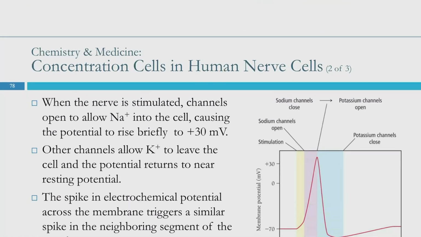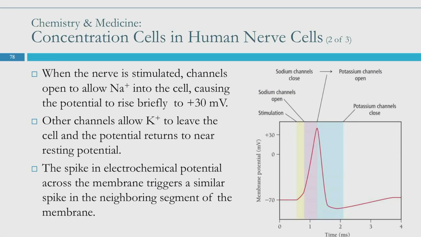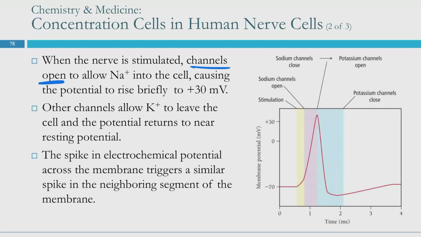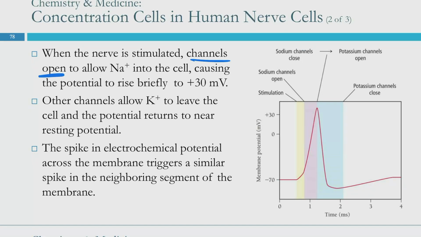If a nerve gets stimulated, the channels open, and that lets sodium into the cell, and that causes a change in potential. So you get an increase in your cell potential, positive 30 millivolts, 0.03 volts. Other channels are going to let potassium ions leave, and the potential is going to drop again.